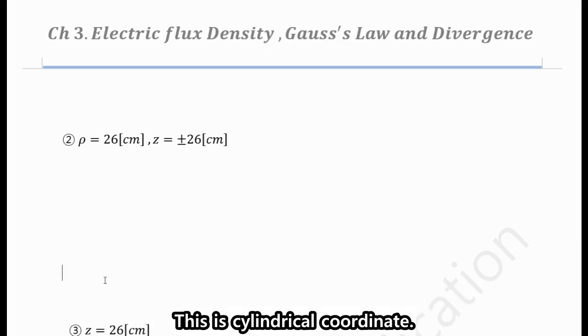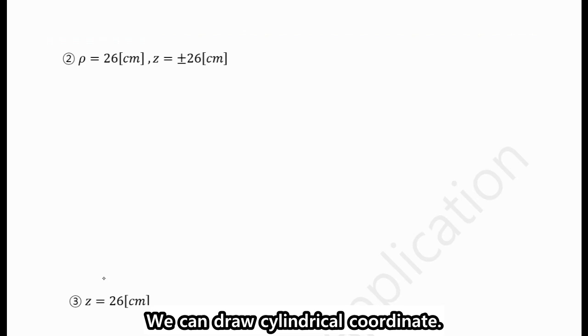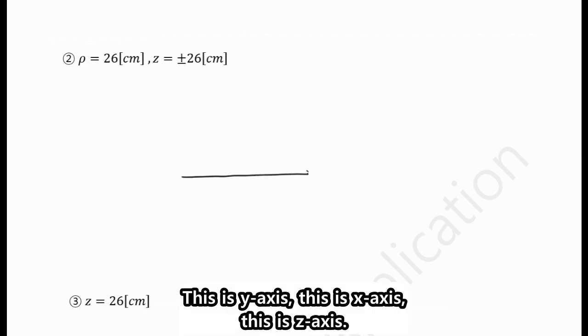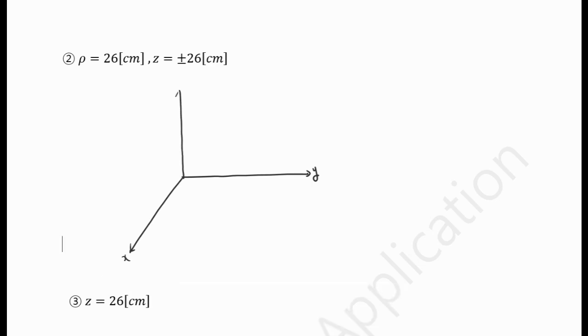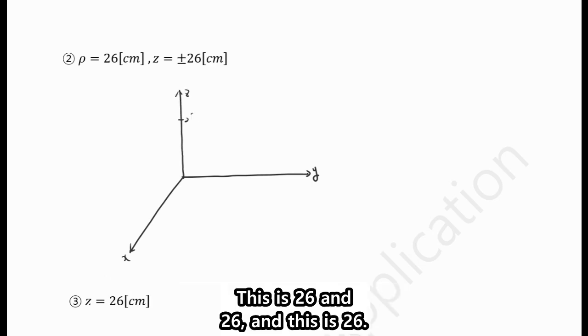The second question is rho equals 26 centimeter and z equals plus or minus 26 centimeter. This is cylindrical coordinates. We can draw the cylindrical coordinates. This is the y-axis, this is the x-axis, this is the z-axis. This is 26 and 26, and this is 26.